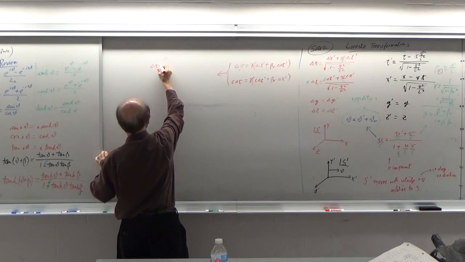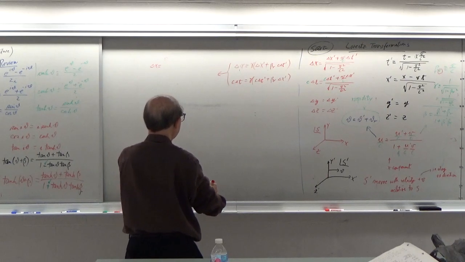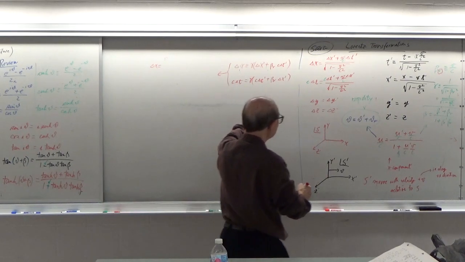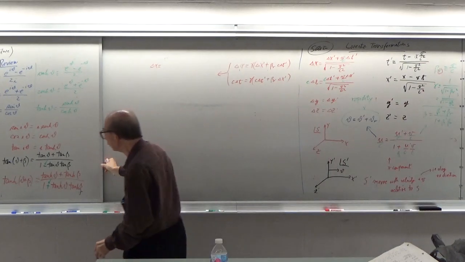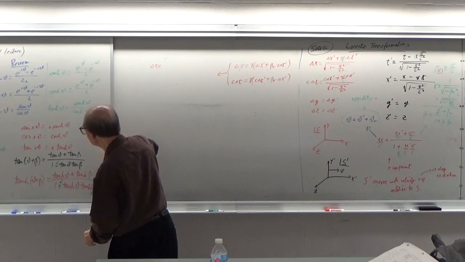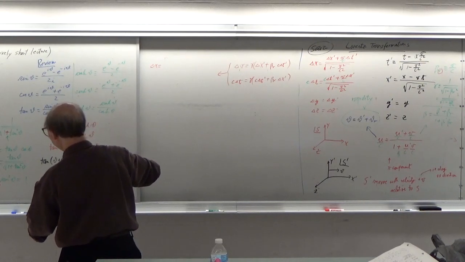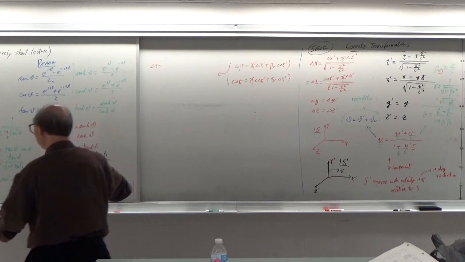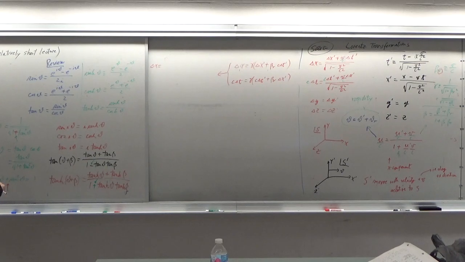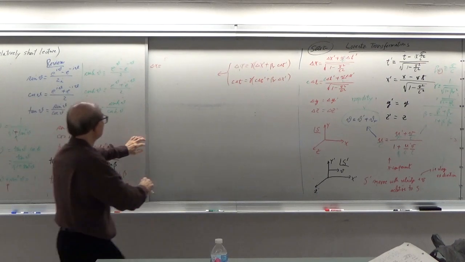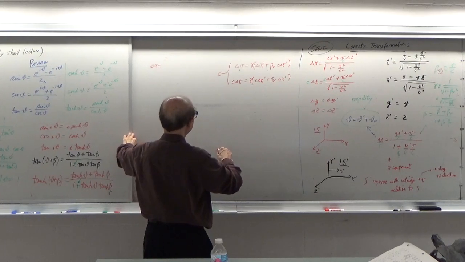Delta x is equal to 1 over gamma, so it's this. Let me write it down first, and then I explain.